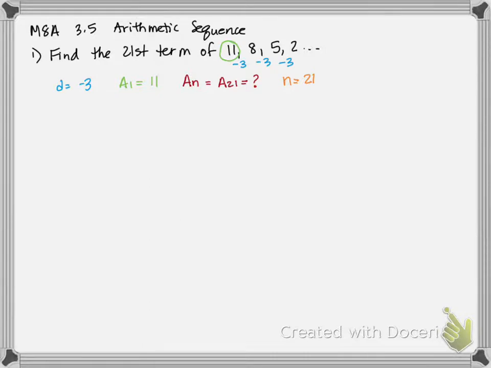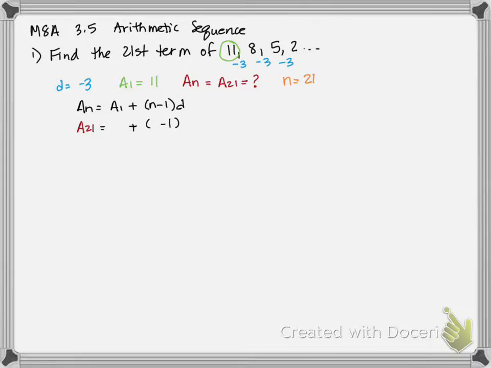All right, so we start with the formula. We have A sub n equals A sub 1 plus the quantity n minus 1 times D. So we're just going to use A sub 21. Let me get all my equals in here, the plus and parentheses and the minus and the 1.